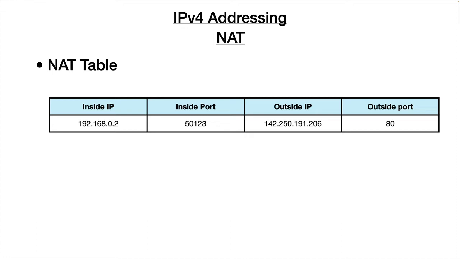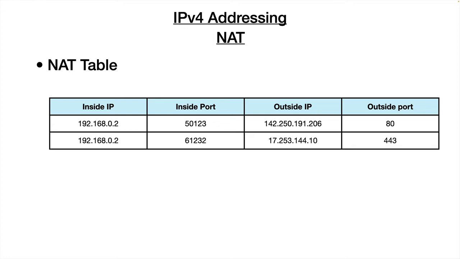In this case, our inside machine 0.2 is trying to communicate with 142.250.191.206, which is Google, on port 80, which is HTTP. So this is some type of web session.